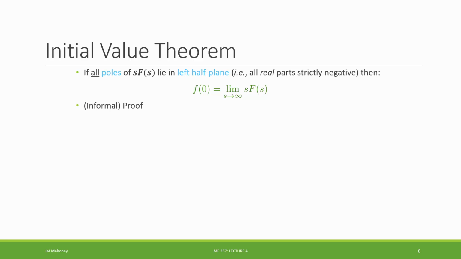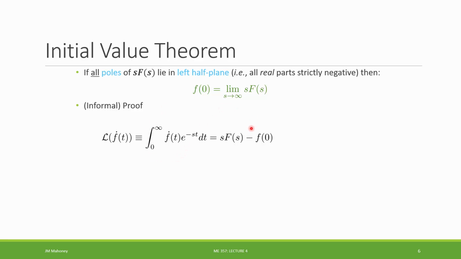So let's go through, again, an informal proof to show that this is the case. I'm going to start where I did in the final value theorem. I have the Laplace transform of my variable, f dot is what I want to take the Laplace transform of. And once again, I have the strict definition of the Laplace transform, which is this integral.